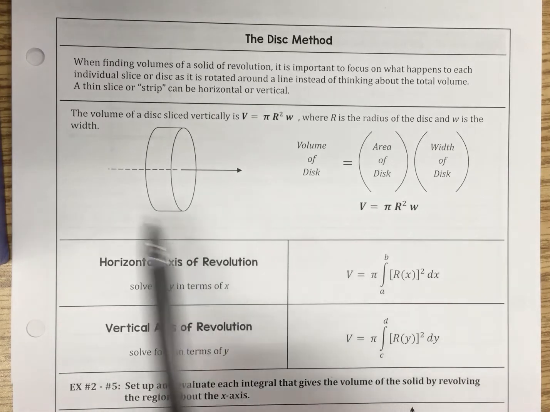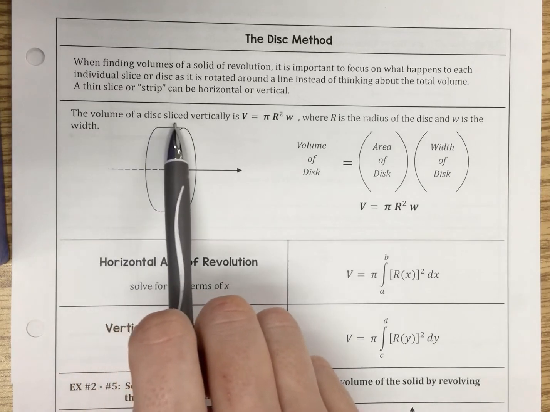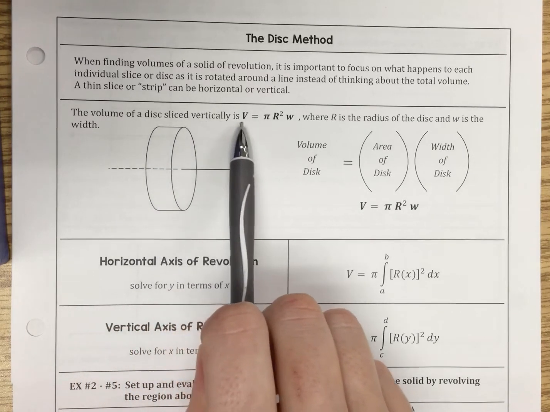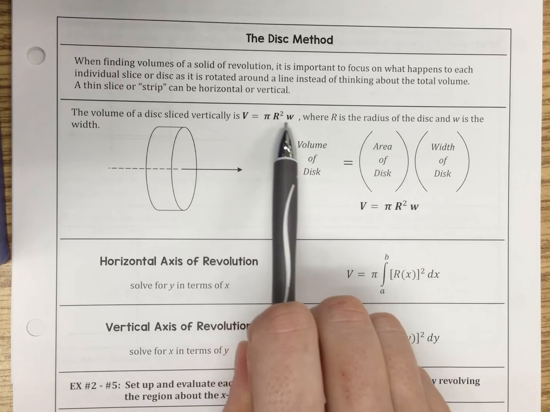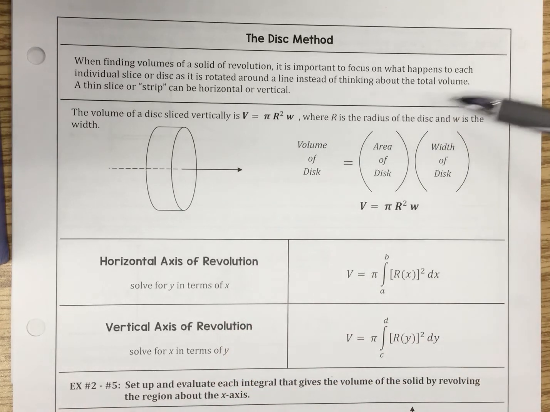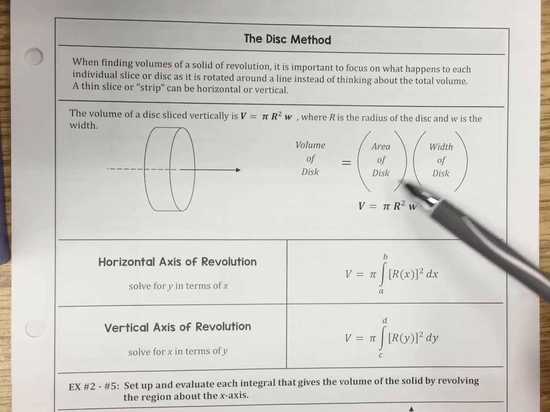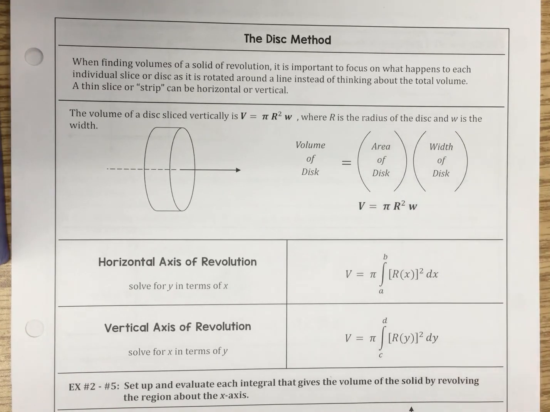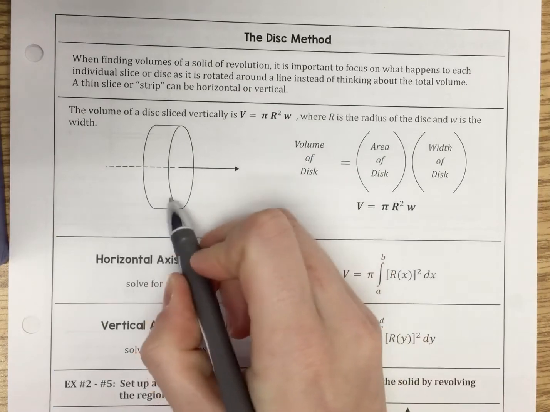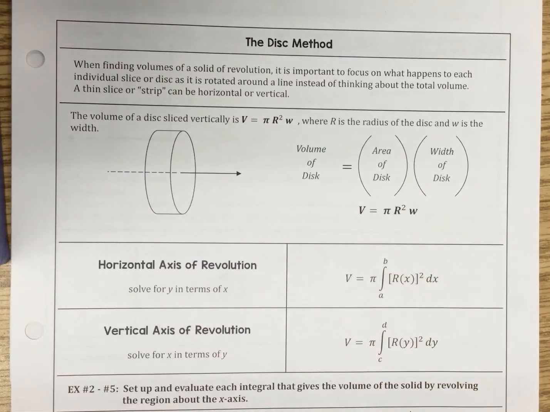The volume of a disc sliced vertically is going to be V equals pi r squared W, where r is the radius of the disc and W is the width. It's always this idea of pi r squared, and W, normally we would consider it the height, but in calculus it's more helpful to think of this as being the width, dy or dx.